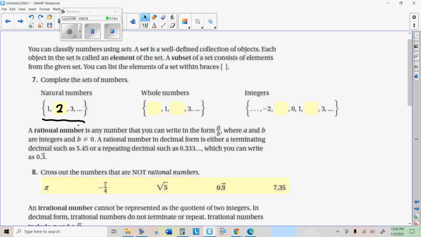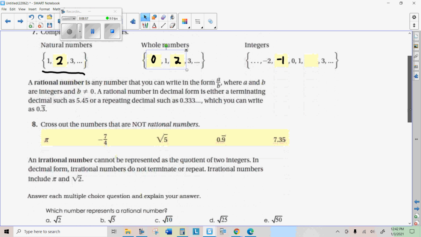You should remember this from last year, but this is just a reminder. Whole numbers start at 0 and go up by 1 at a time. So there are no decimals, no fractions in either of those. Integers are whole. They can be negative or positive wholes, so they go to negative infinity and positive infinity, all whole numbers.